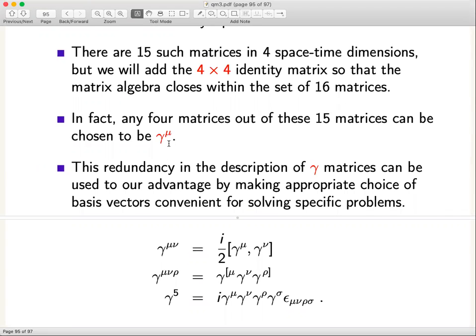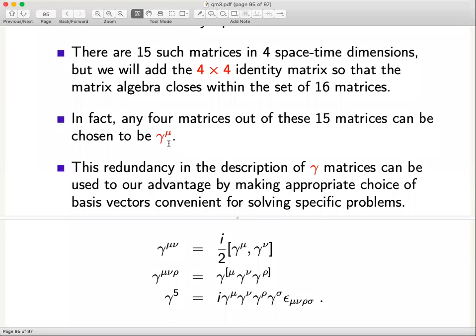But you may be interested in a different kind of problem. You may be interested in some particle physics related issue where you are looking at a specific kind of particle in which this basis may not be the best basis. You could choose any of these matrices and call them gamma mu. So there are different choices.